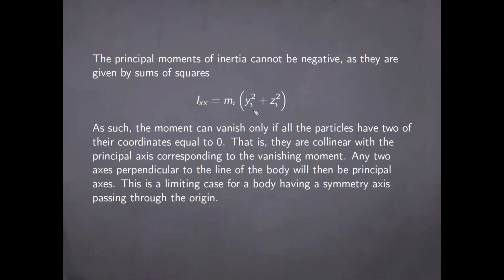So as such, given that these are positive quantities, the moment can vanish only if all the particles have two of their coordinates equal to 0. That is, they are collinear with the principal axis corresponding to the vanishing moment. Any two axes perpendicular to the line of the body will then be principal axes. This is a limiting case for a body having a symmetry axis passing through the origin.